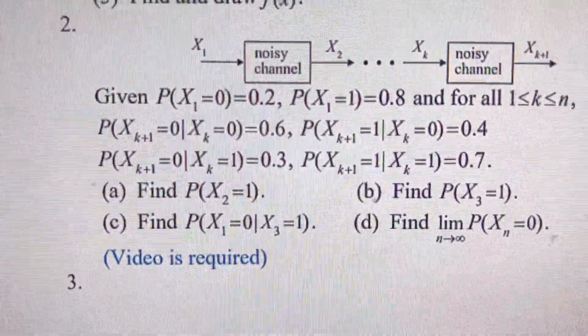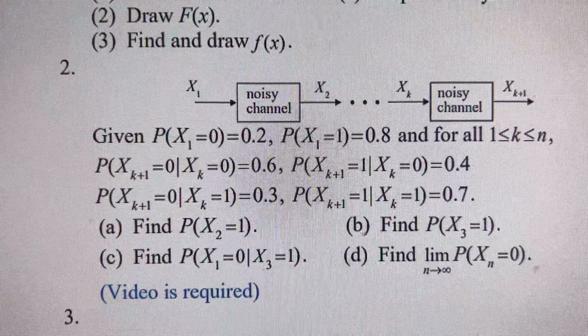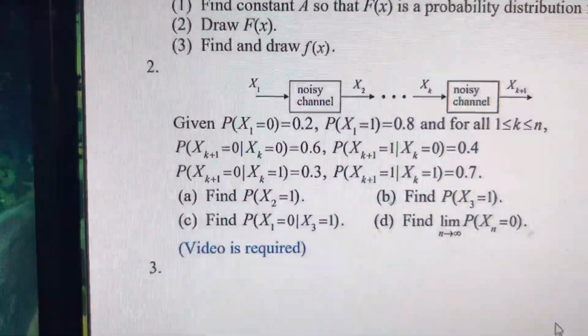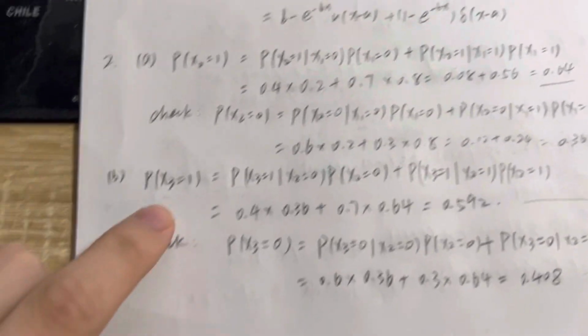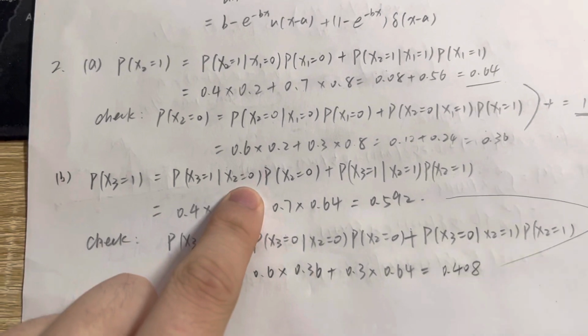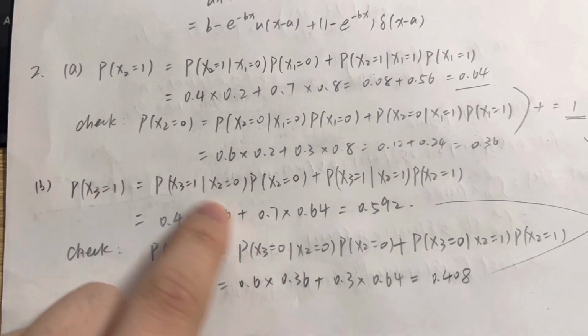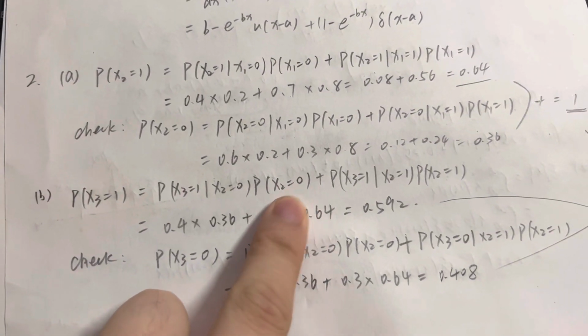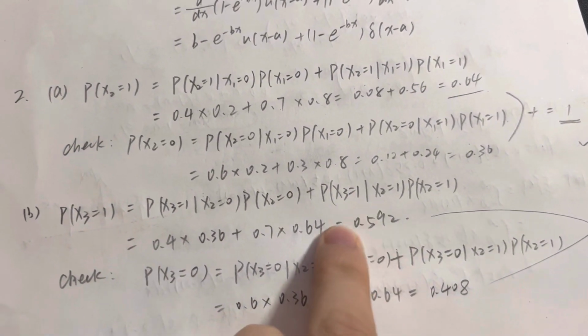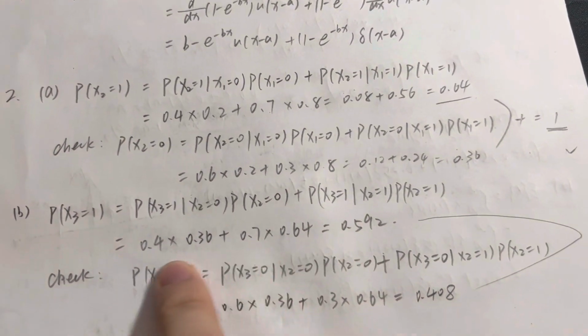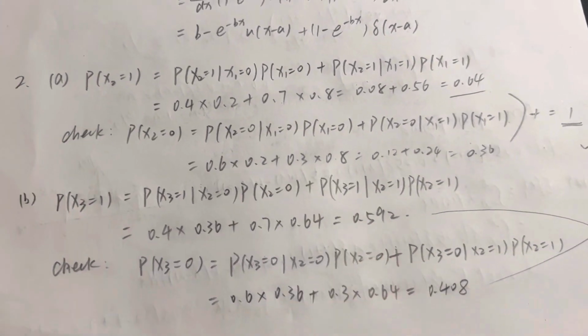The second part is to find the probability that x3 equals 1. It's similar to the first one. When x2 equals 0 as the input and 1 as the output, times the probability of 0 as input, plus 1 as input and 1 as output times its probability, it adds together to 0.592.